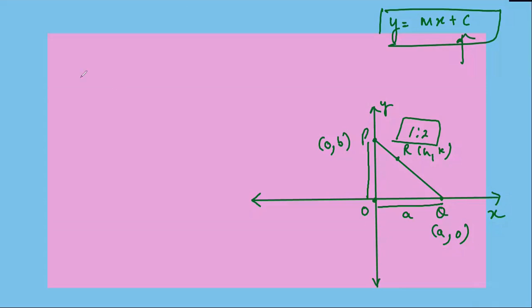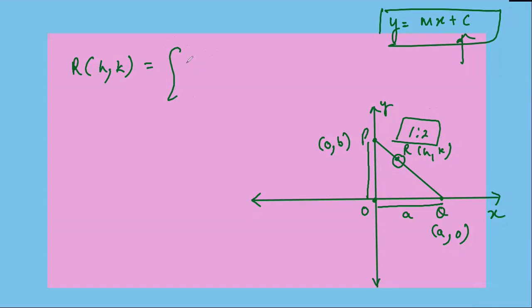If I use the section formula for line PQ, the section formula works for point R, which is somewhere on PQ. Because it is not the midpoint, the ratio is not 1:1.